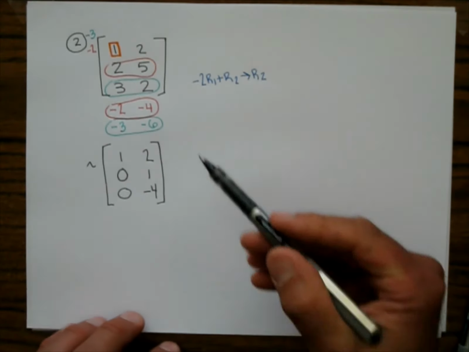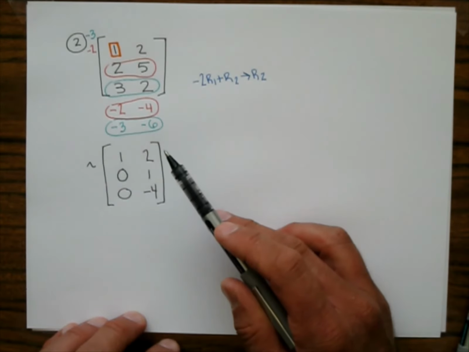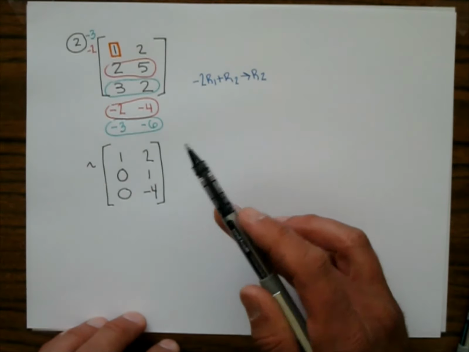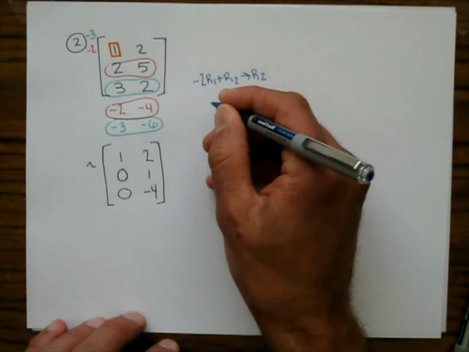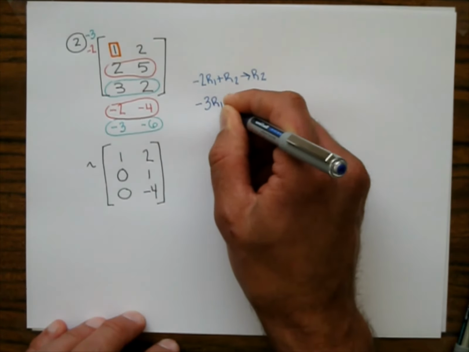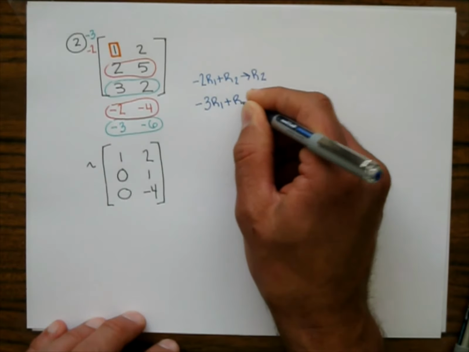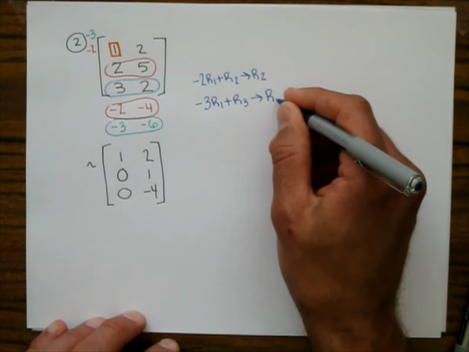Now, a lot of teachers would actually have written an intermediate step. They would have written the matrix 1, 2, 0, 1, 3, 2. And then made the jump to this one right here. In machine language, what did I do? I went -3 times row 1 plus row 3 gives me the new row 3.